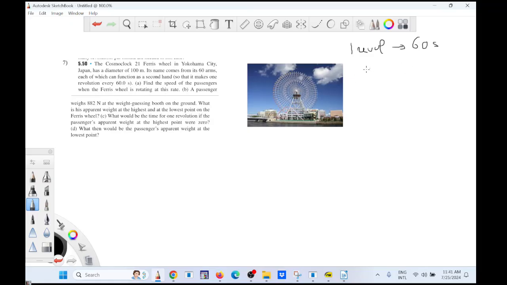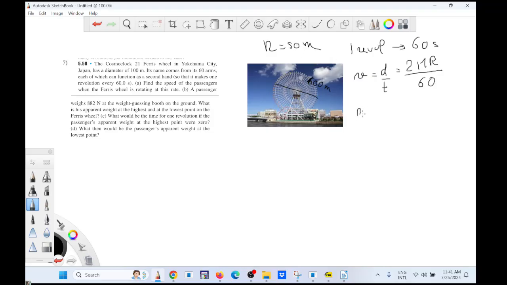Okay, so the speed will be distance over time. The distance is 2 pi r. The time is 60. And it says here diameter. So across here, 100 meters. So the radius is 50.